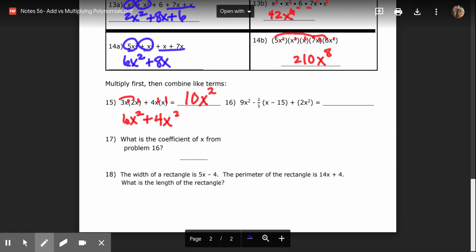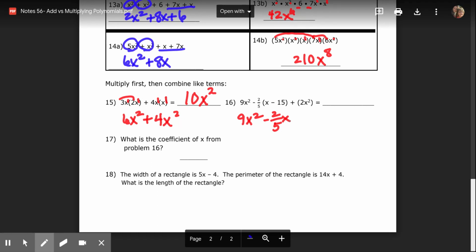All right, let's take a look here. Ooh, we have a fraction. Oh no. Come on now. Let's buckle up. We can do this fraction. So 9x squared. Negative 2/5 times x is minus 2/5 x. Without a calculator, I've taught you how to do this.